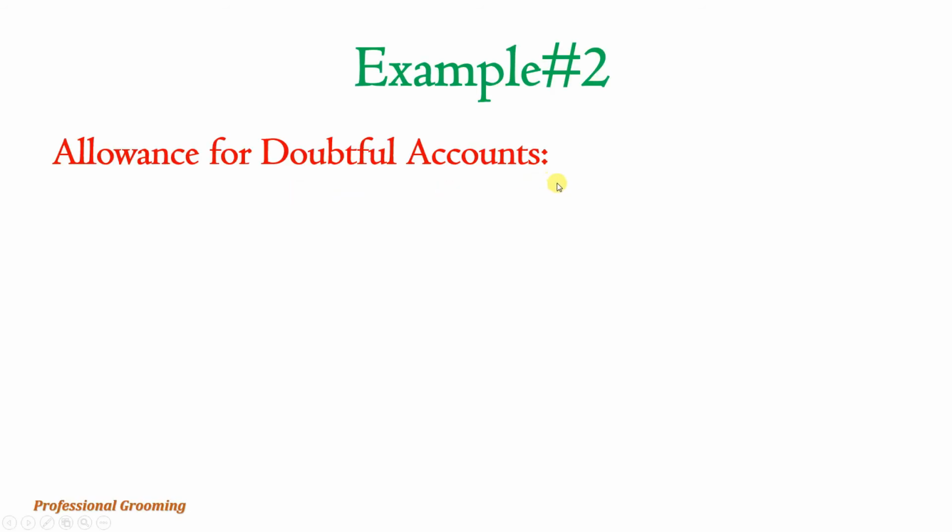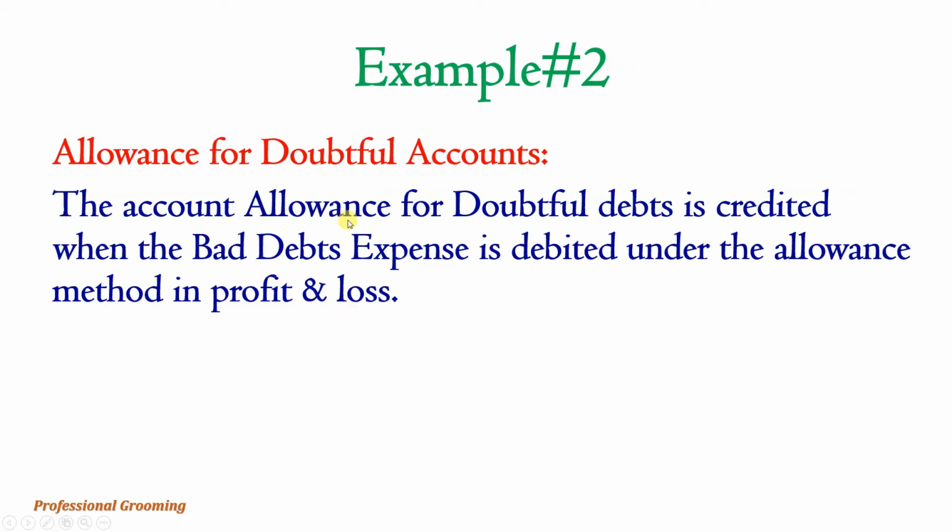The next example, number 2, is allowance for doubtful accounts, or doubtful debts. The allowance for doubtful debts account is credited when the bad debts expense is debited under the allowance method in profit and loss. For example, you are owed some money by customers, and you don't know if they will pay or not. So you create an allowance for doubtful accounts against your receivable accounts.